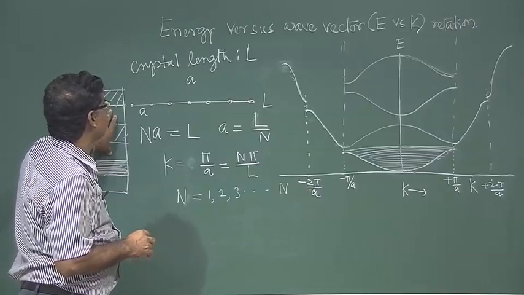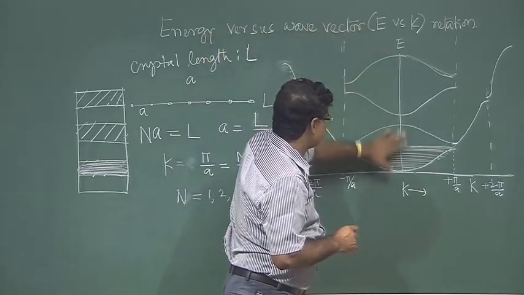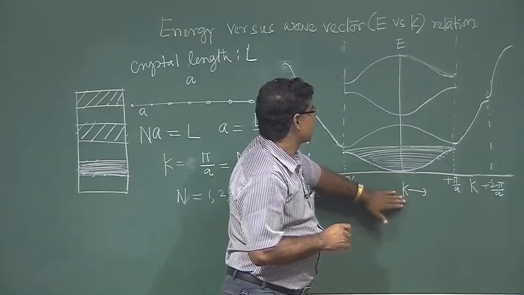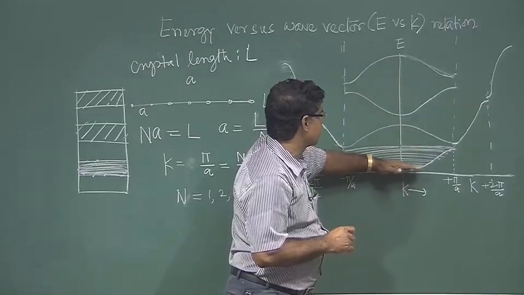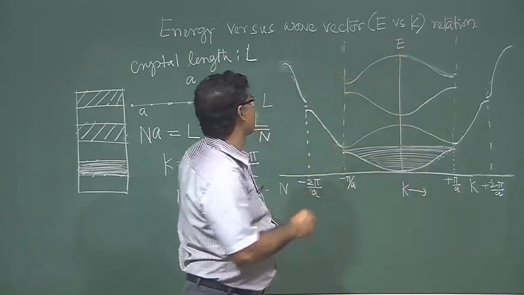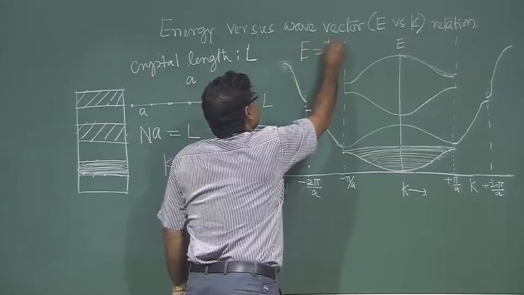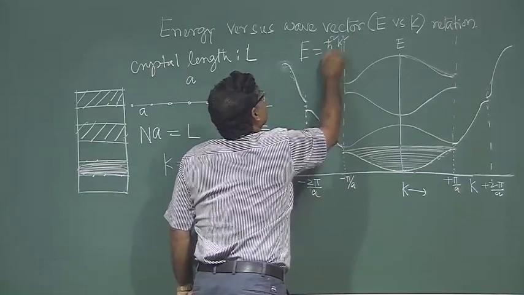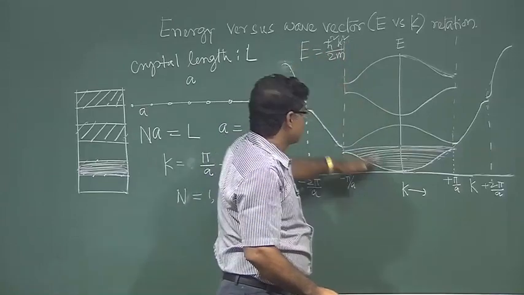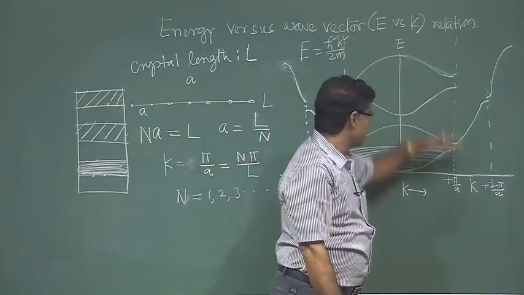So, this is the result we got, and here it is also clear how the energy is related to this k vector. Okay. So, now in each band the energies are discrete, and the k values are also discrete. So, this is different from the free electron E equal to h cross square k square by 2m. This relation is different, because that relation gives us a continuous variation of energy with k.